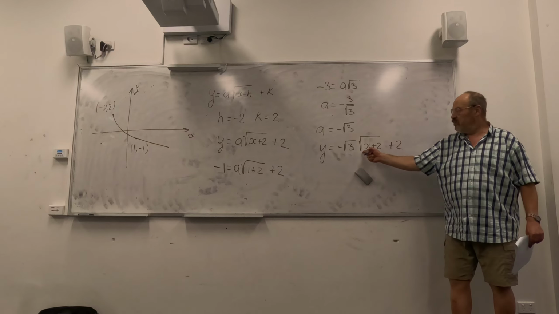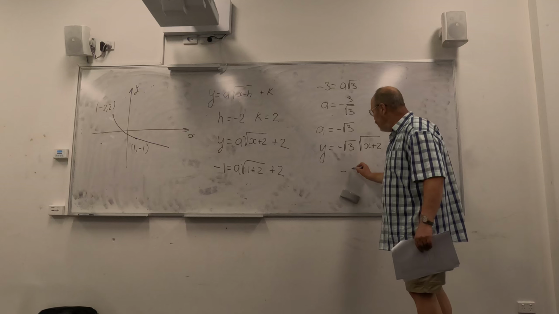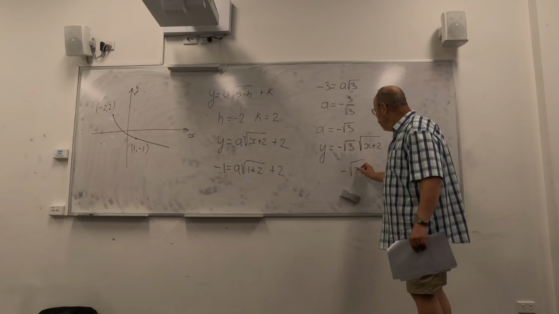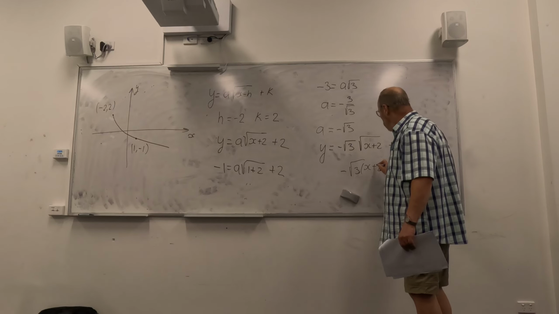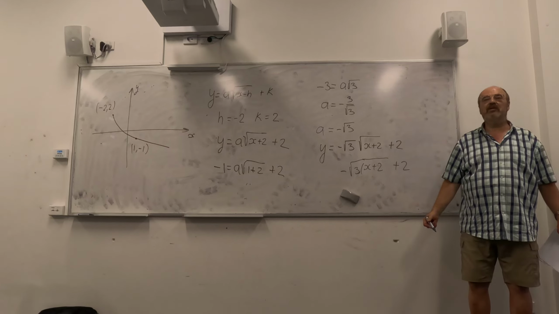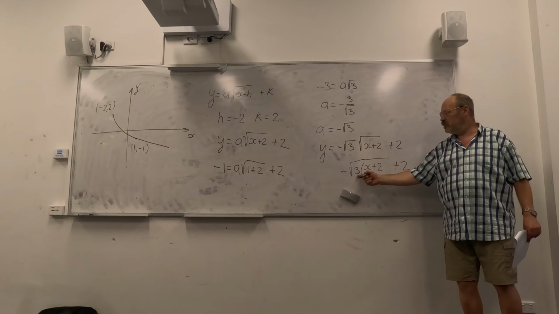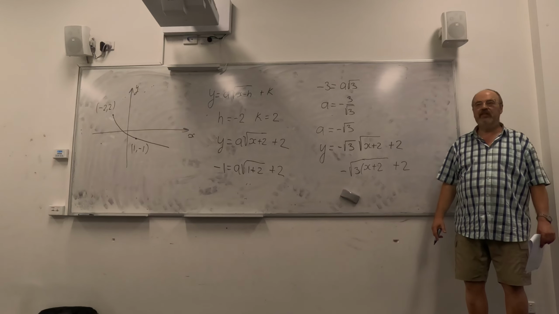That will make the equation negative square root of 3 times (x plus 2), plus 2, because square root times square root, we multiply the expressions under the square root. Both answers will be correct.